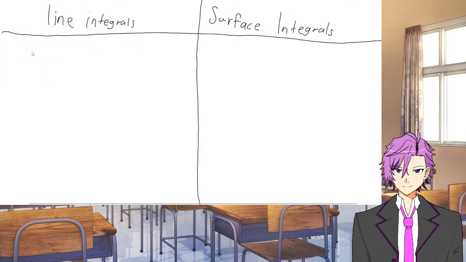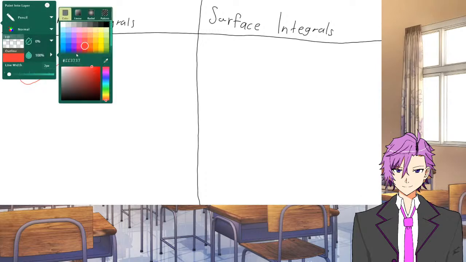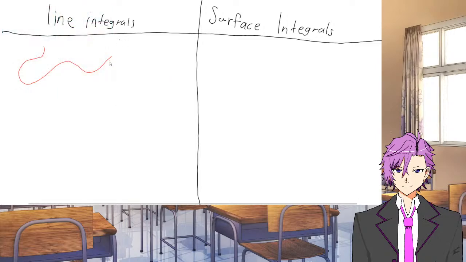Okay, so we'll do this. Alright, so if you see the line, there would be a starting point and an ending point, and then there could also be sections of lines around here.